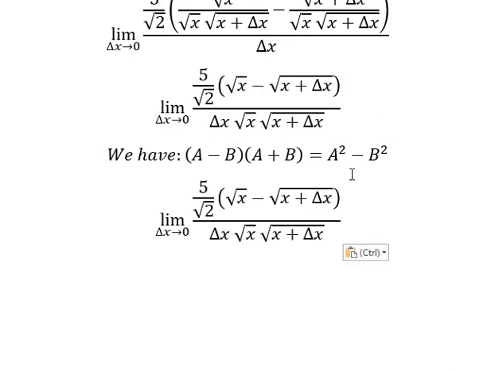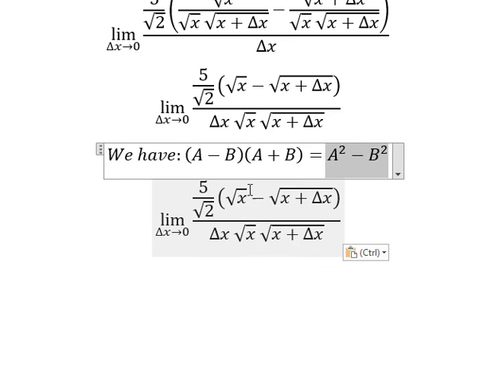To create this, we need to multiply by the square root of s plus the square root of s plus delta s on the numerator and denominator.